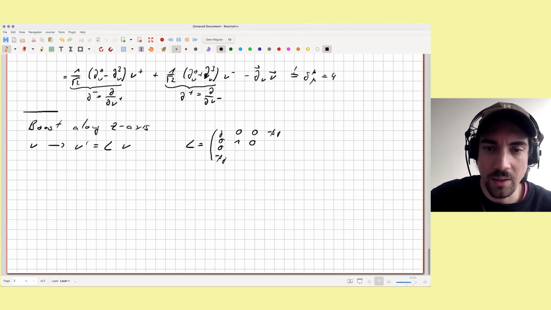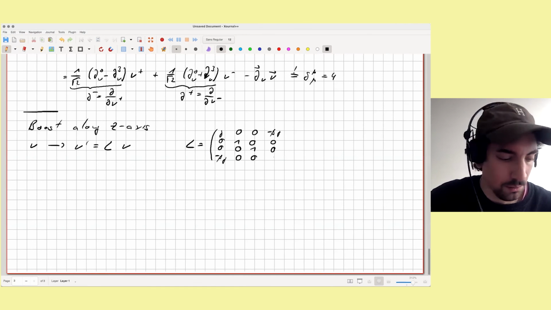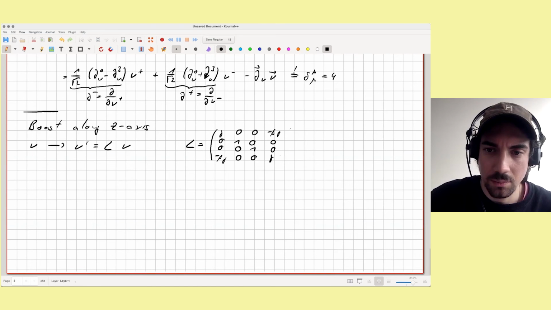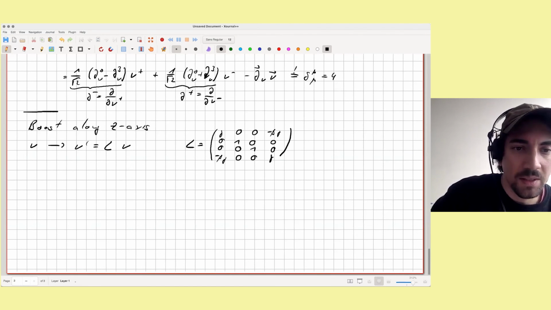So it doesn't do anything to the 1, 2 components, as you can see, because we're boosting along the 3 component. And then we find that this boost mixes the 0 and 3 components of this vector.